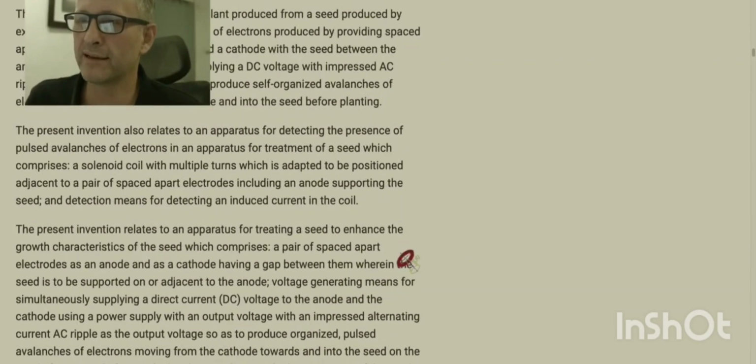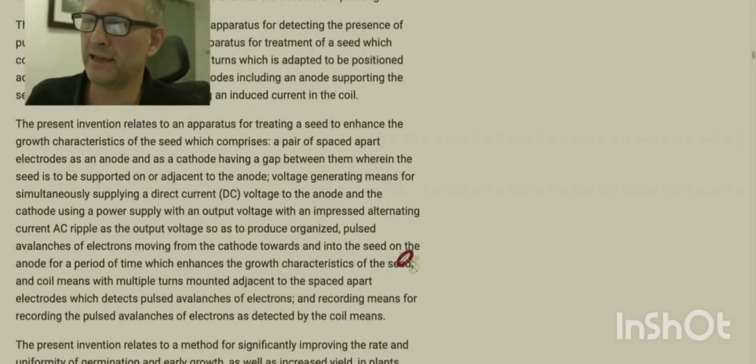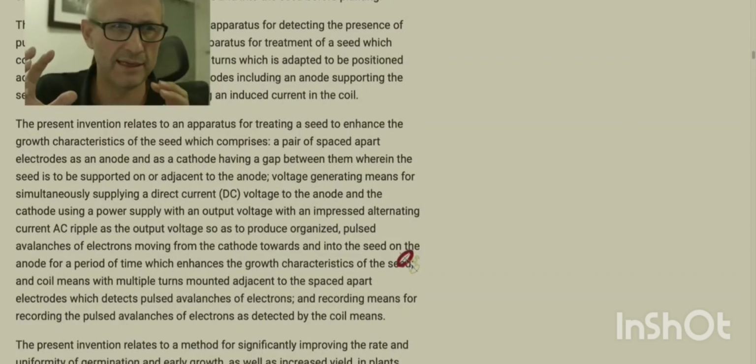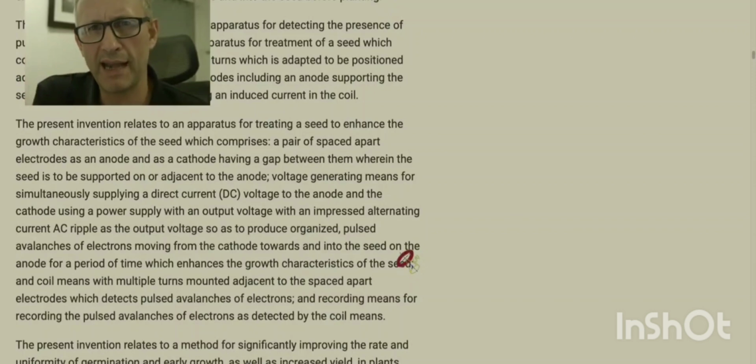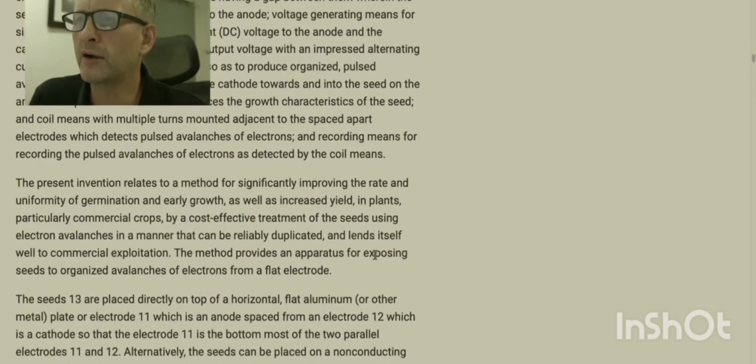Okay, and then they talk about leaving the seeds that are treated for a period of time before planting them, and I will give my perspective on why that is important next week. Okay, I will share this paper.